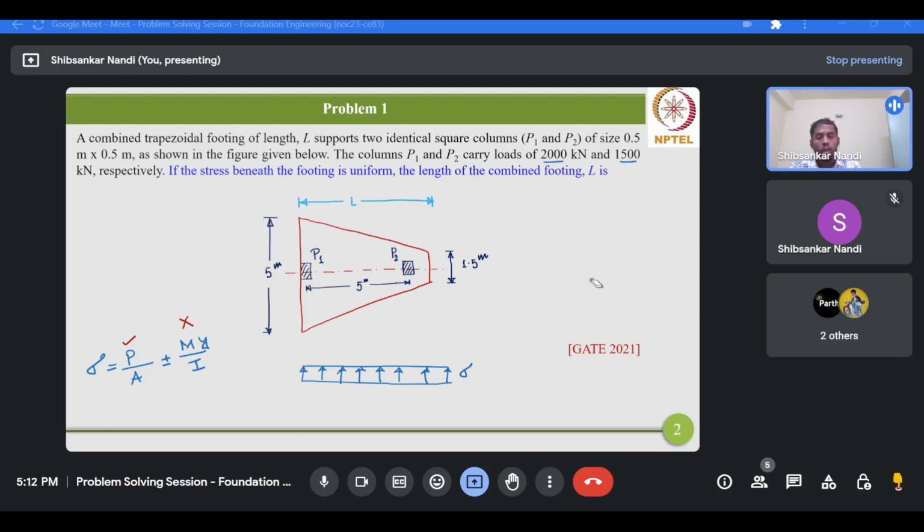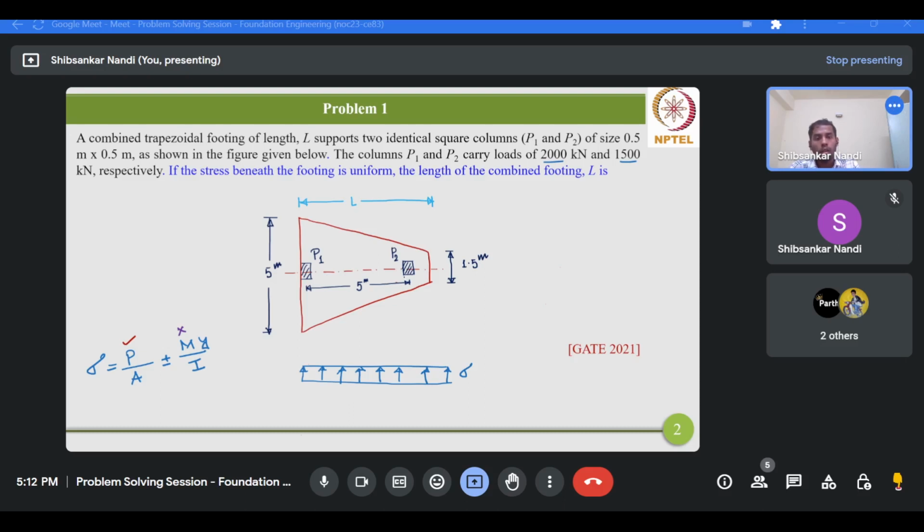So now first we have to determine the location of the resultant of these two loads. Right now we are dealing with two axial loads, P1 and P2, which are passing through columns P1 and P2.